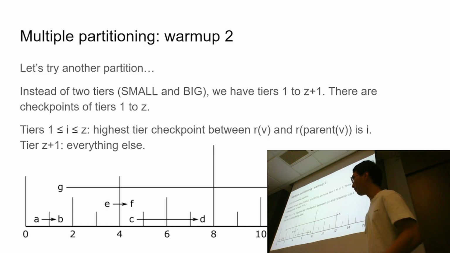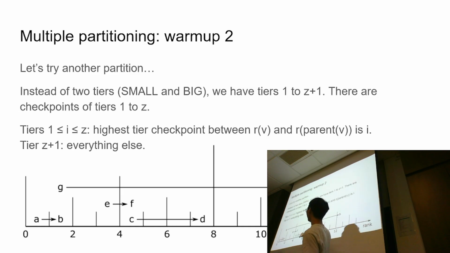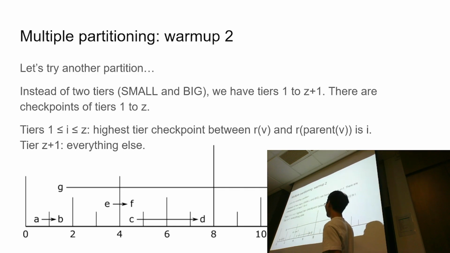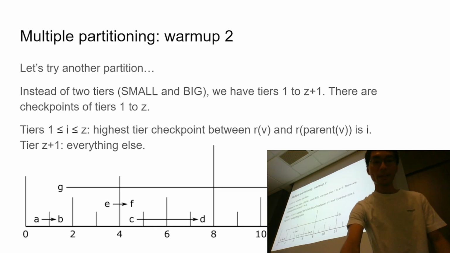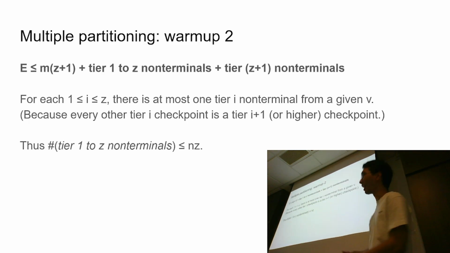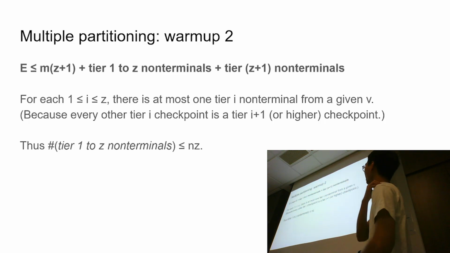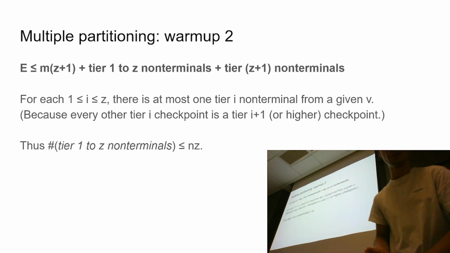So basically if you have an edge of say tier 2, and then you have another edge of tier 2 like this, and if you combine to form the new edge, it's guaranteed to pass a higher tier edge. So that means that there is at most one tier i non-terminal from a given node. So we can have an easy upper bound of nz.